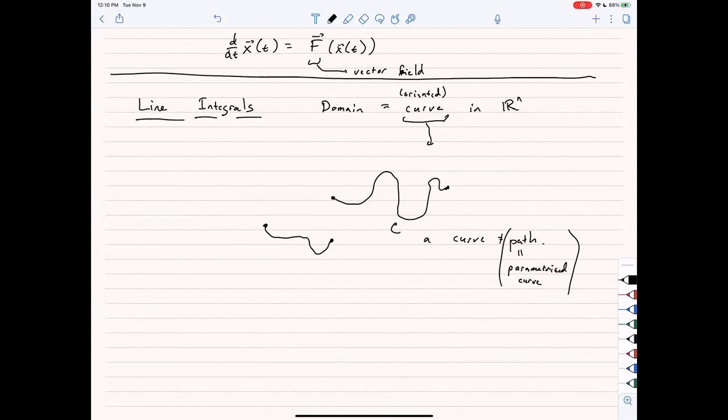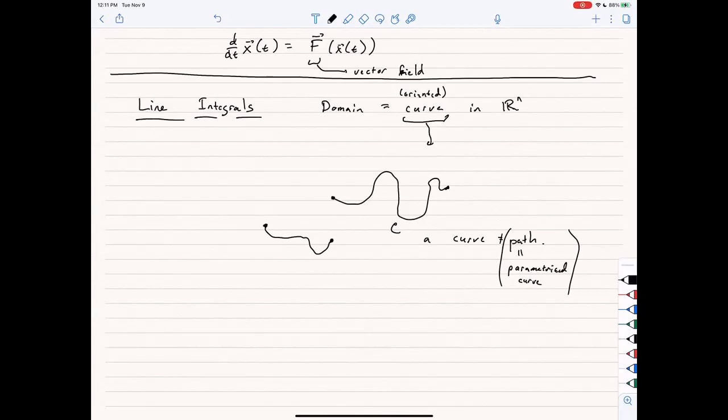So a path is a parametrized curve. It's a curve with some function that assigns, in a one-to-one way, points of an interval to that curve. The reason to make this clear is that we want to integrate over a curve, not a path.